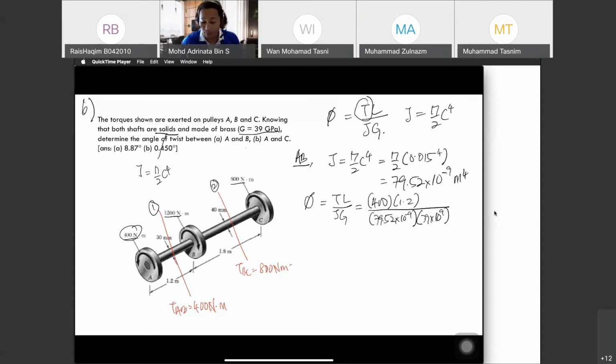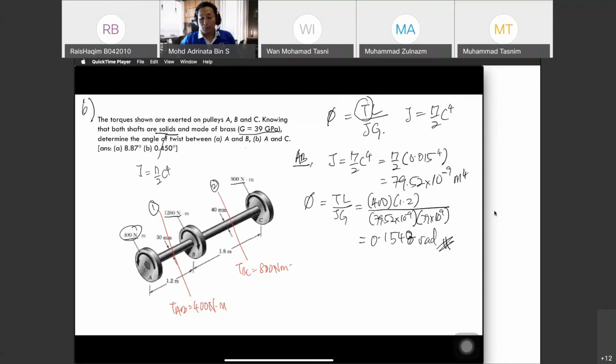Then the angle of twist is 0.15478 radian.